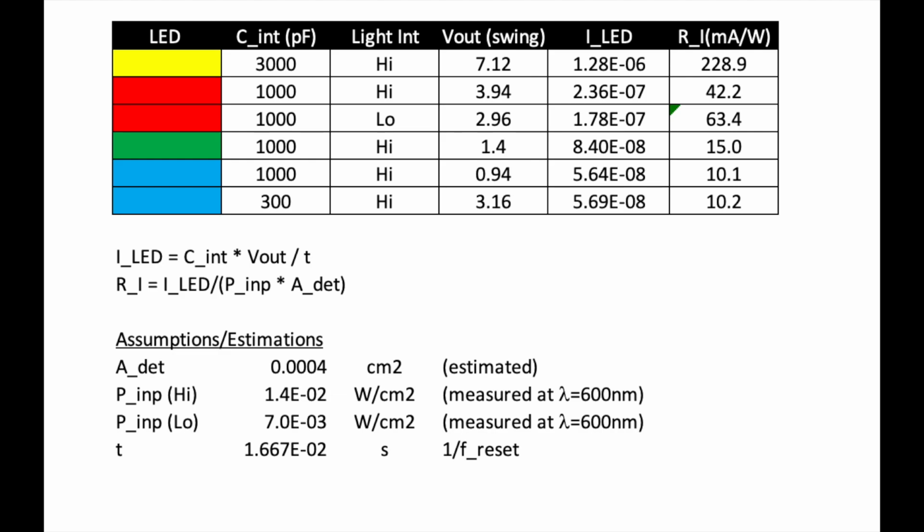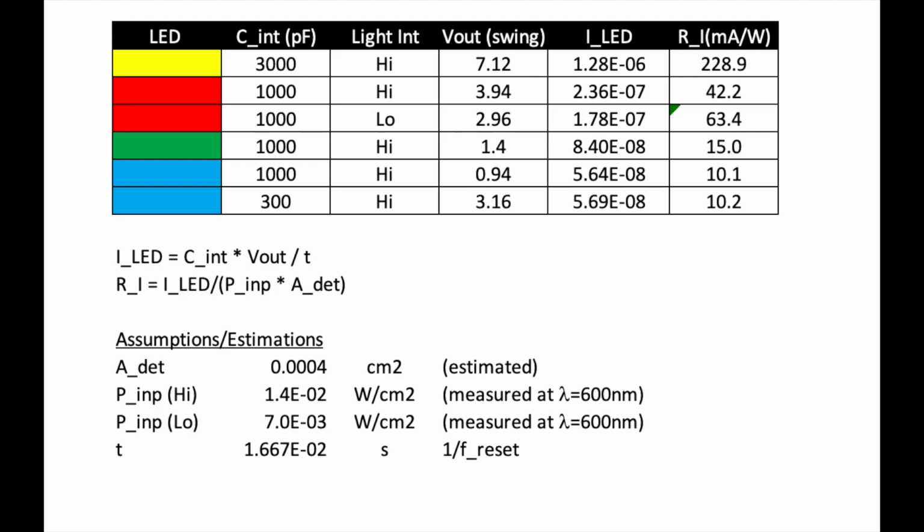Now, a couple of formulas you need to know. One is how to calculate the LED current. That's basically the integration capacitance times the output voltage, which is the charge, divided by the integration time, which was 16.67 milliseconds.